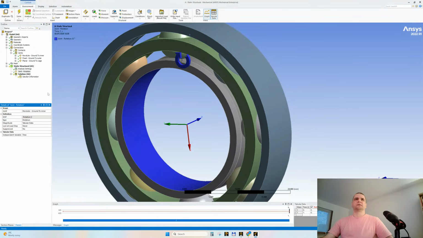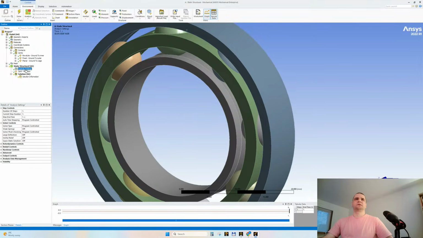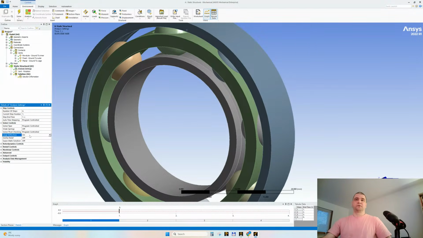All right, so according to my experience, let's make maybe 4 steps. We will gradually increase and apply the rotation, gradually. Mandatory large deflection on, because we have a mechanism here. Solver type, direct.